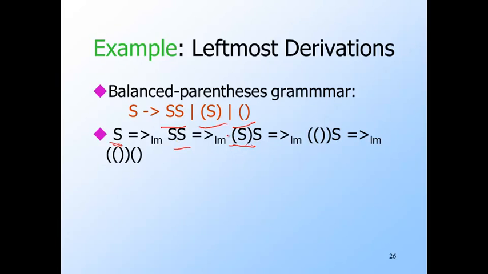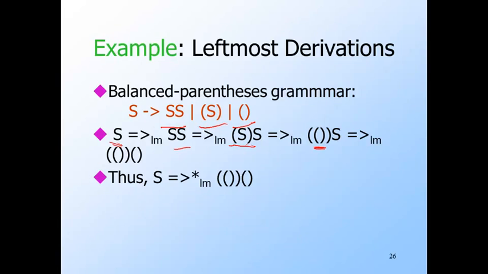At the third step, the first of the S's must be replaced, and here we choose the last production in the replacement. That's giving us that. At the last step, we have only one S, and that naturally is the one we replace. We have chosen to replace it using the last of the three productions, so now we have a terminal string and are done.